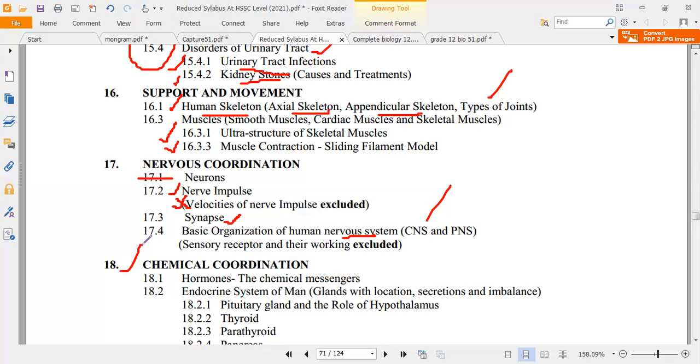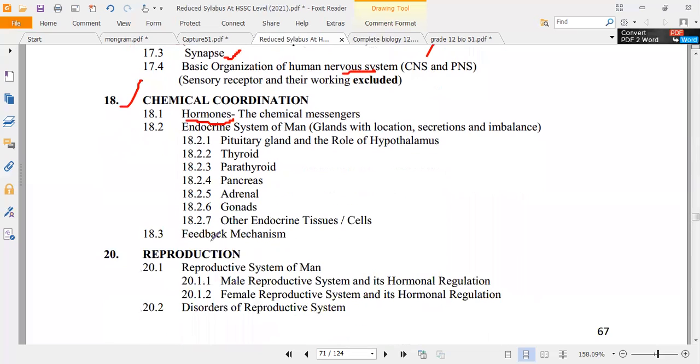Next, go to chemical coordination, in which hormones, the chemical signals, their mode of action, and their nature are all included. Then 18.2, the endocrine system, in which all glands with location, secretions, imbalance, as well as the role of hypothalamus, which comes before the pituitary gland, are included up to here, and its feedback mechanism also.